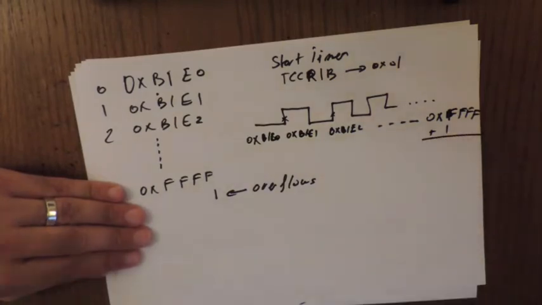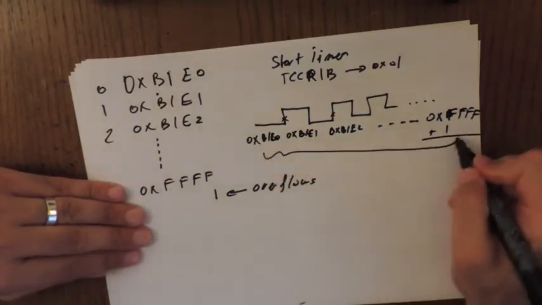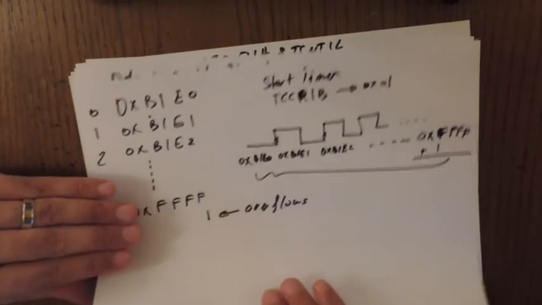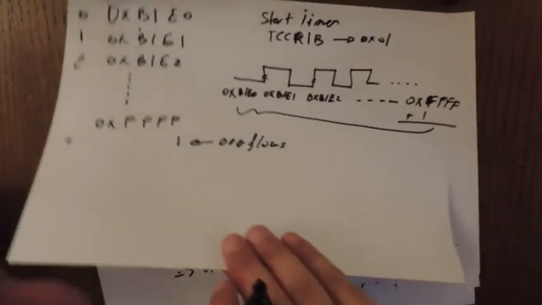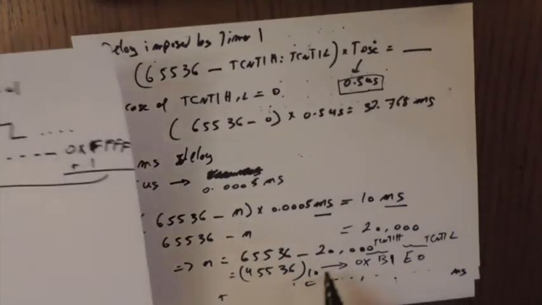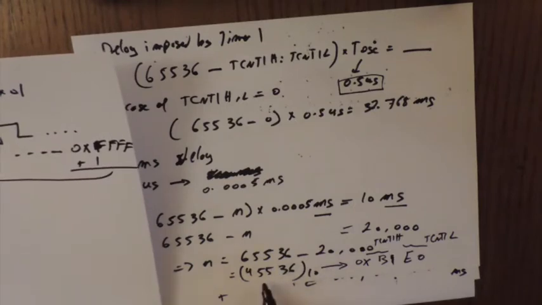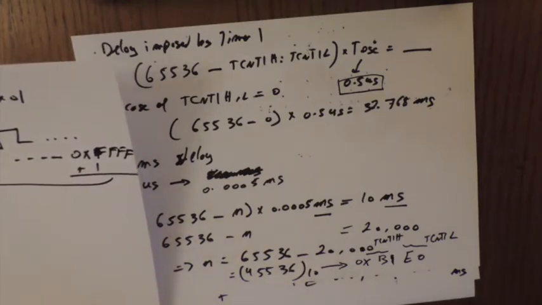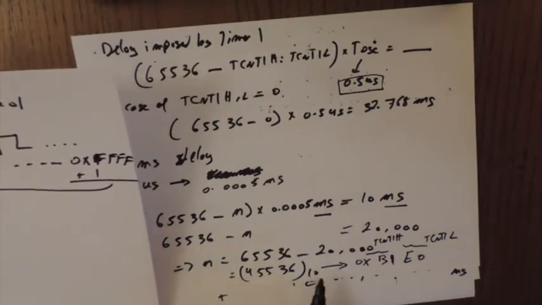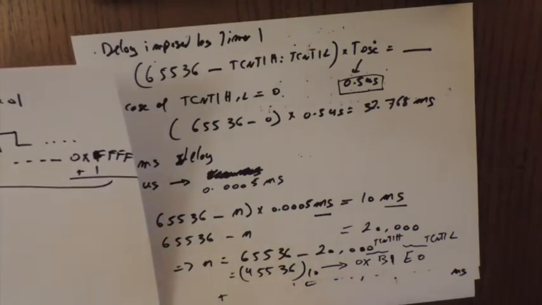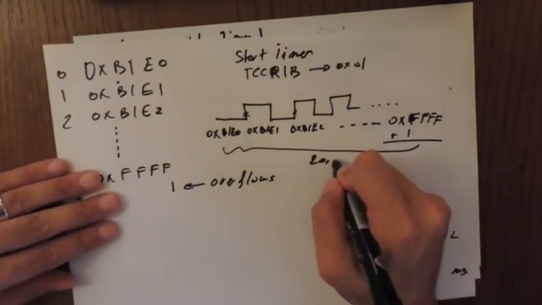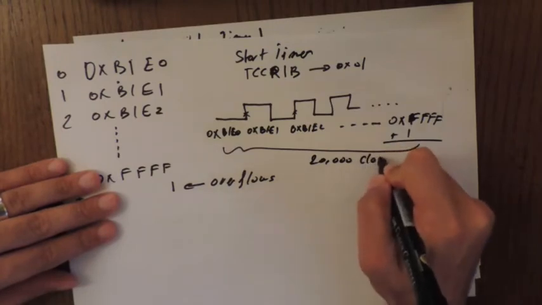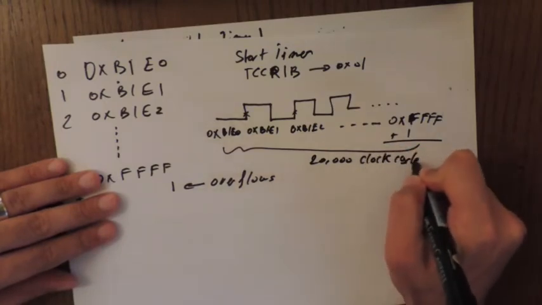The number of cycles that I need to reach here is actually the difference from 65536, which is 20,000 clock cycles. So I need 20,000 clock cycles to actually have a 10 millisecond delay.